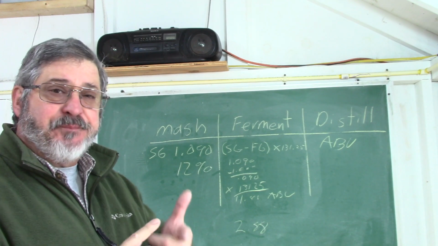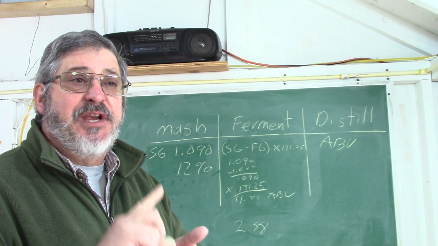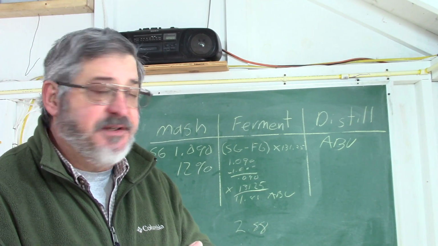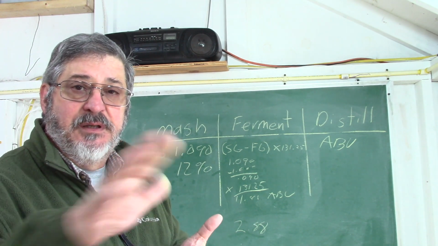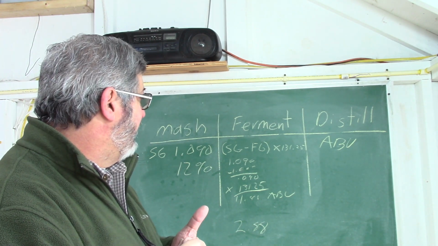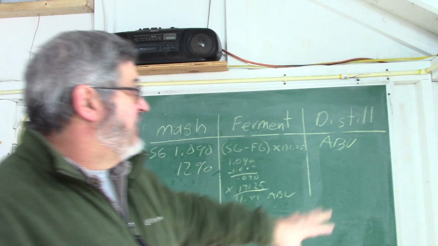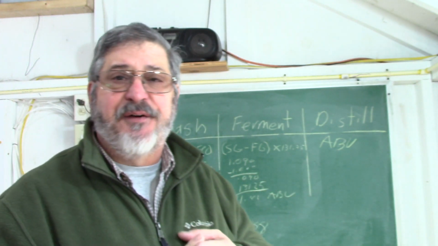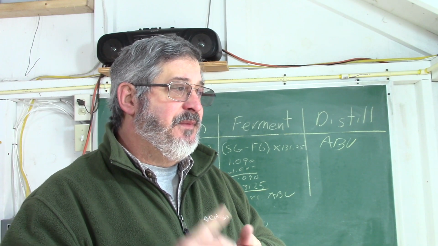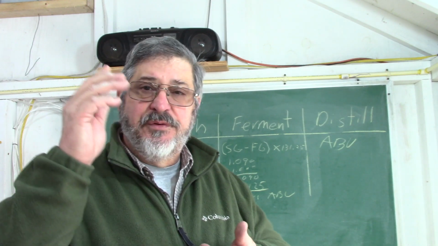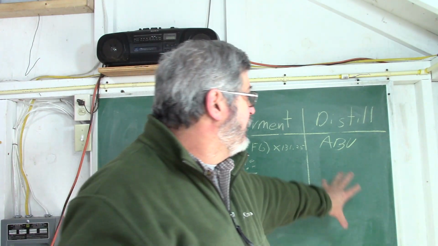Now the ferment, we can change temperature, we can change the style of the yeast, the kind of yeast we're using, and the time. Is that about it? I think that's about it, pretty much. And then the still, you can change how fast you're running it, all your temperatures, when you start collecting and when you end collecting, and the taste and all that. So we can change all that there.